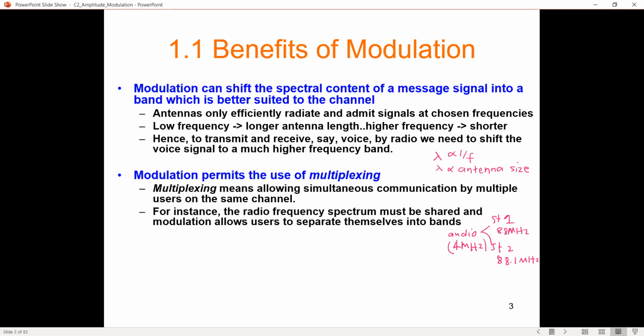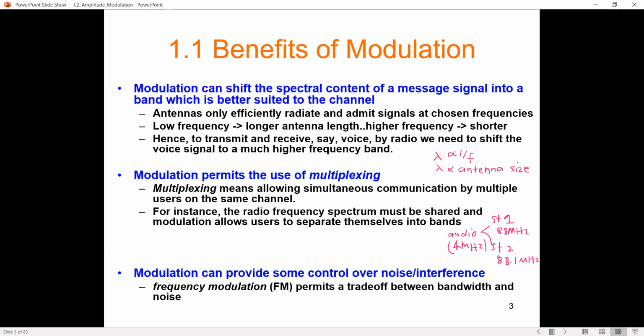We just give different frequencies to these radio stations. Radio station 1, for example, 88.0 megahertz, radio station 2, 88.1 megahertz. So by having this, we can have many radio stations using the same medium, which is air.